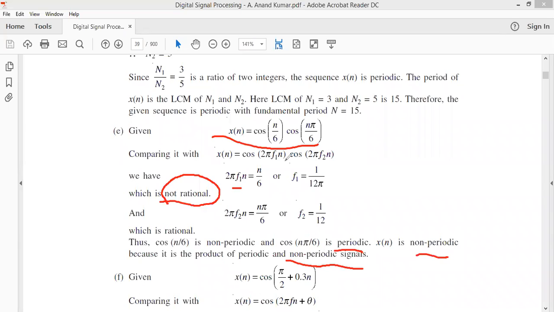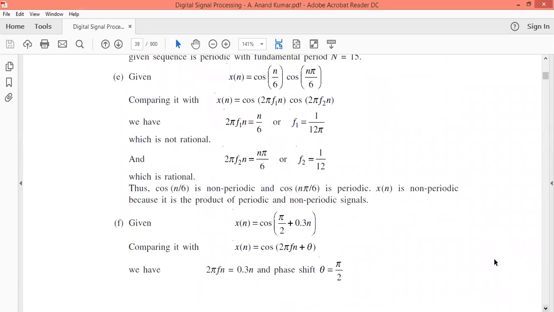And here you see the fifth example. If you see this fifth example, this pi by 2 term is the phase. You don't need to worry about pi by 2. We have to consider only the term which is having n.